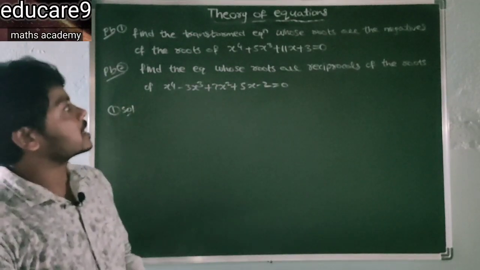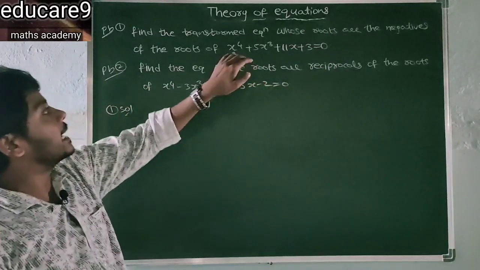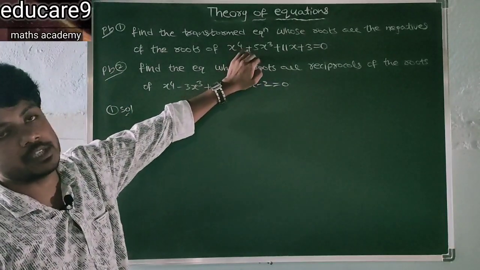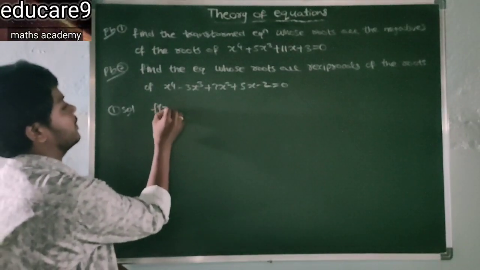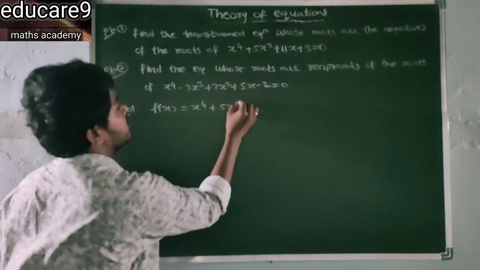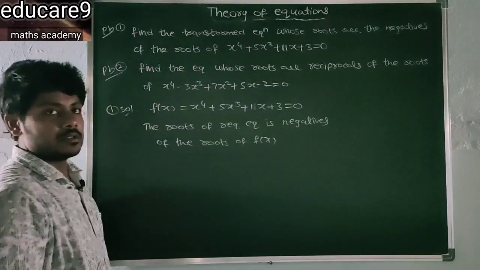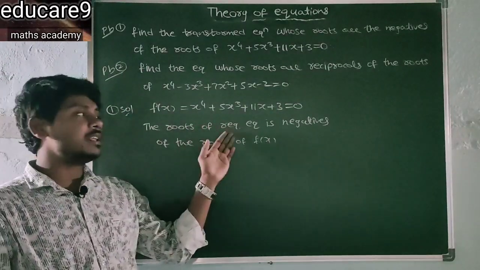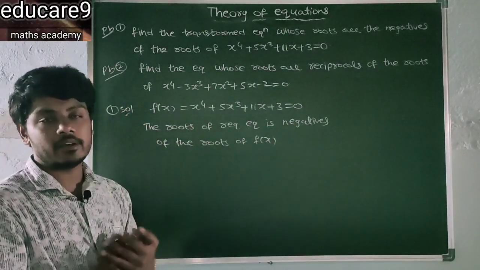So find the transformed equation whose roots are negative of the roots of this polynomial equation. See here, given f(x) is equal to what? x^4 + 5x^3 + 11x + 3 is equal to 0. So here given the roots of the required equation are negative of the roots of f(x).